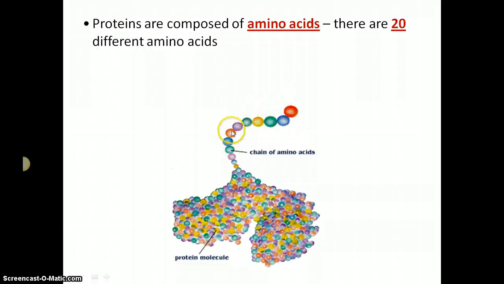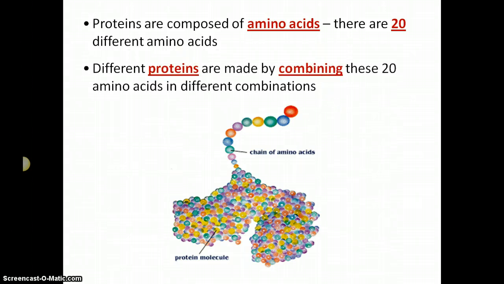I want you to think of like a chain of beads that the shape that the beads are going to make is determined by what order you place them in. And so you have about 20 different ones, but you can put them in any order imaginable. And this is why you have an almost unlimited number of different kinds of proteins, because you have 20 different building blocks that you can use in any combination or any order.